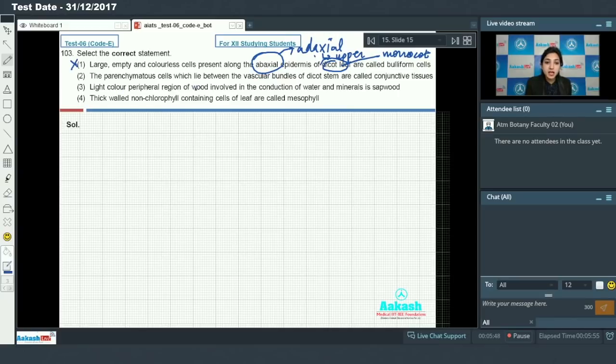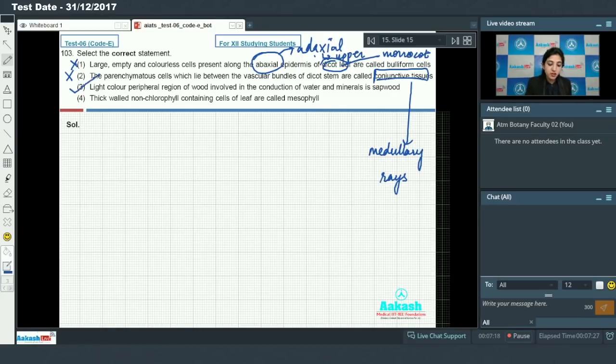The parenchymatous cells which lie between the vascular bundles of dicot stem are called conjunctive tissue. No, they are called medullary rays. So this option is also incorrect. Third is light colored peripheral region of wood involved in the conduction of water and minerals in sapwood.